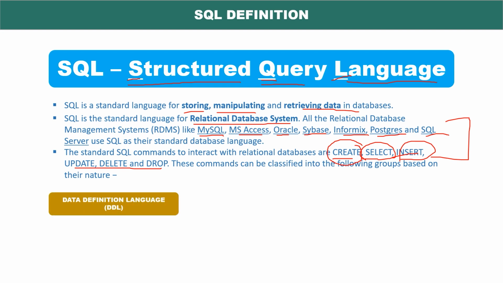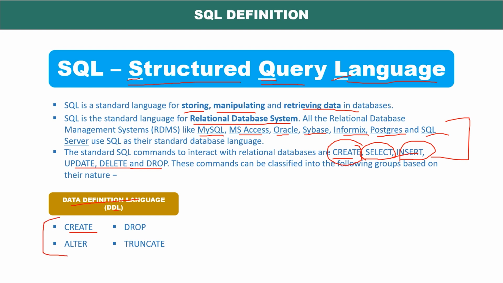SQL can be divided into various languages. Three most important divisions are, first, DDL, data definition language. Under DDL, we have commands like create, alter, drop, and truncate. These are the four really important commands under DDL.